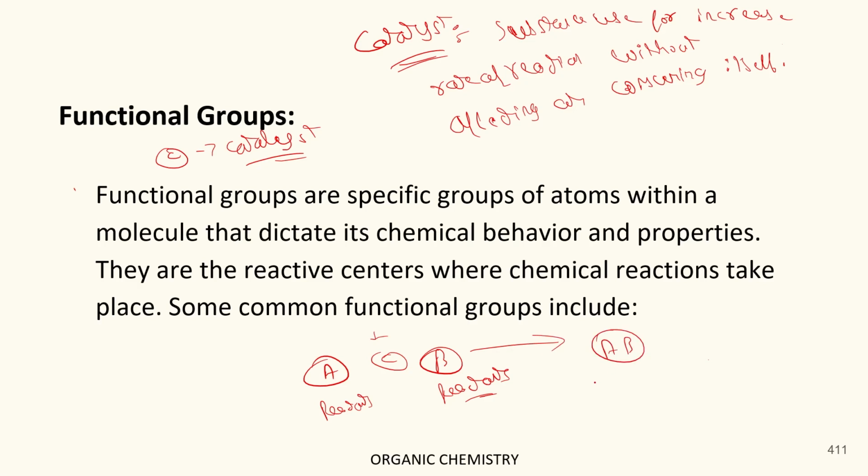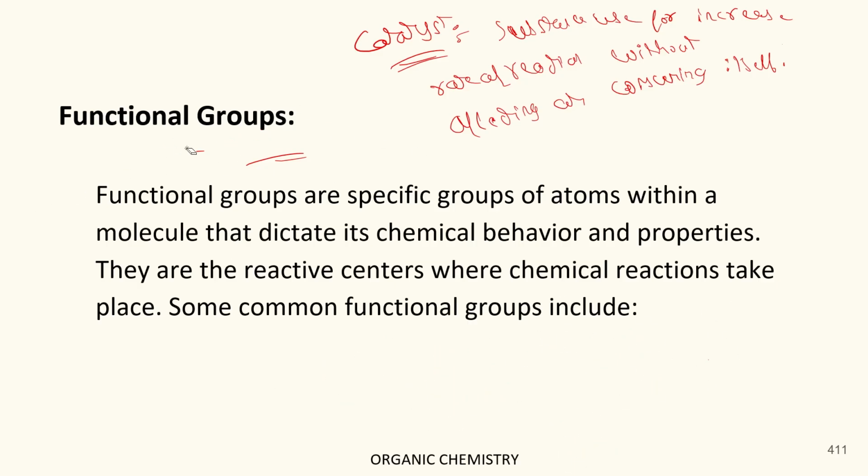Then the product which you will get is A and B. But remember, here you have put three things, A, B and C, but you are only getting AB because a catalyst is generally used to increase the rate of reaction but not to get consumed or affected itself. So C will raise the rate of reaction but it will not get consumed. Got it? So that's why instead of getting A, B, C, you are getting only A and B because C is not affected by this reaction. Got it? So it is an example of the catalyst.